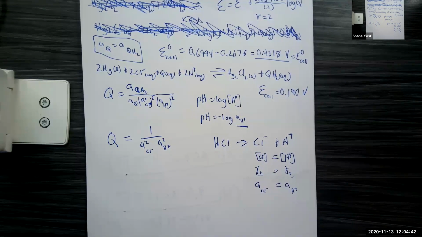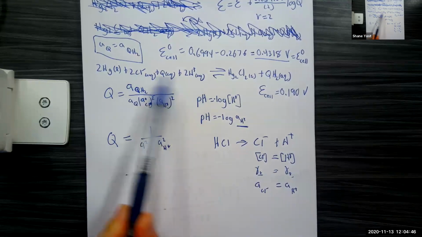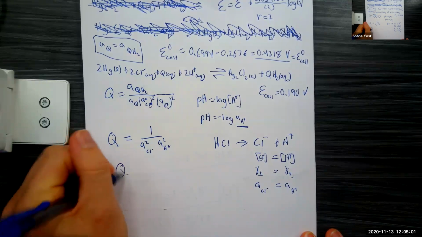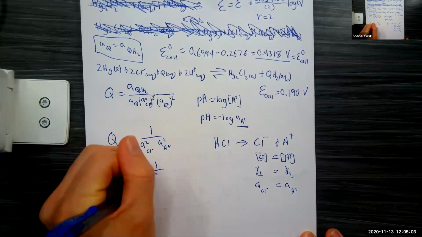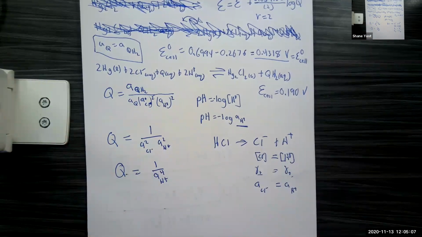Because the Cl minus and H plus that's being introduced on the reactant side is just coming from that HCl. There's no other place where H plus and Cl minus are being introduced to this solution, to this reaction. So their activities are the same. So Q here just simplifies down to 1 over the activity of H plus to the 4th.